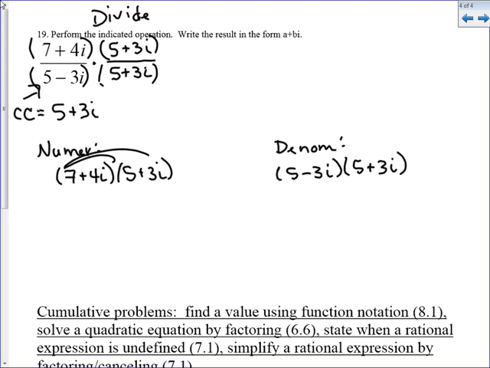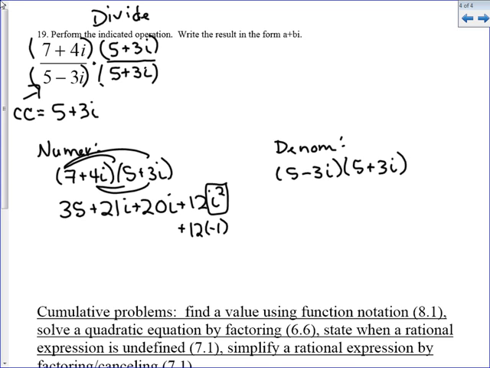So my numerator, when I go ahead and FOIL it, I'm going to have 35 plus 21i plus 20i plus 12i squared. I'm going to replace my i squared with a negative 1 and multiply it by the 12. This last term is really negative 12. So I have 35.